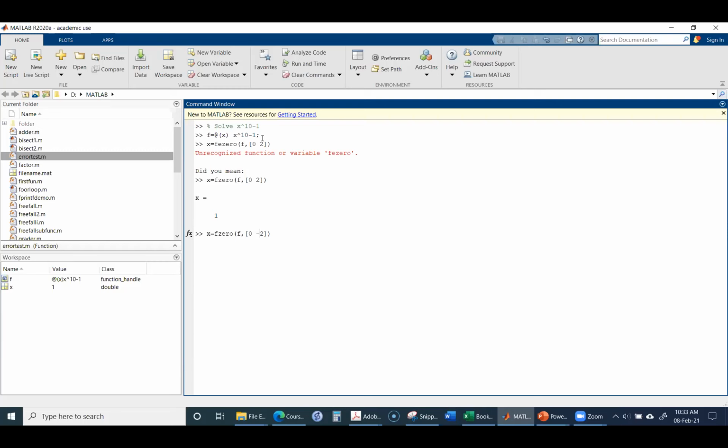In the range 0 to -2, it also found a solution of x is equal to -1. So you can use this fzero function for any equation within the specified range of values.